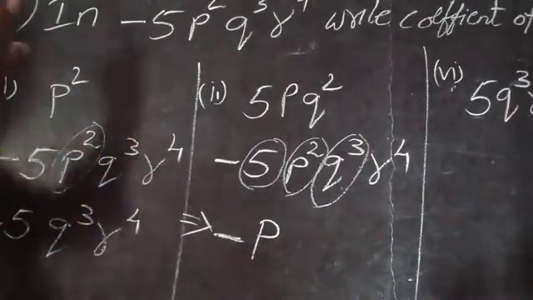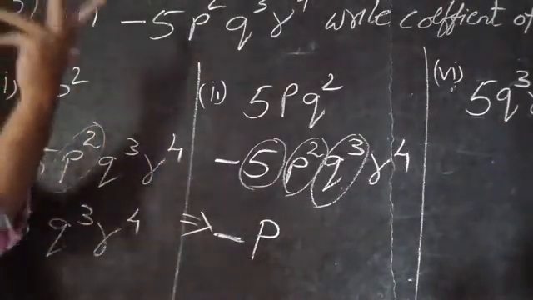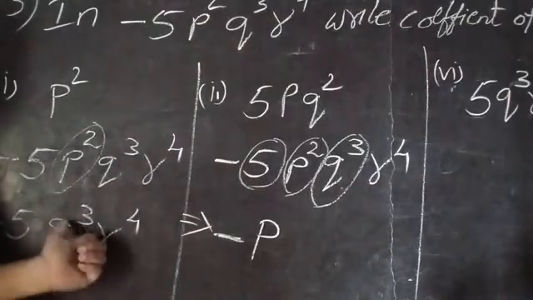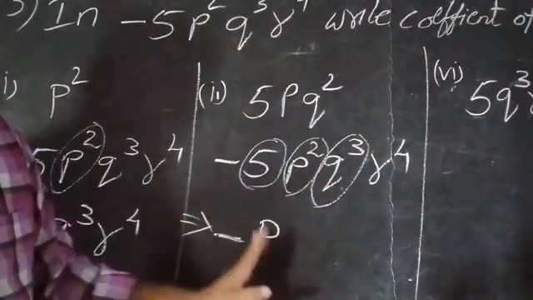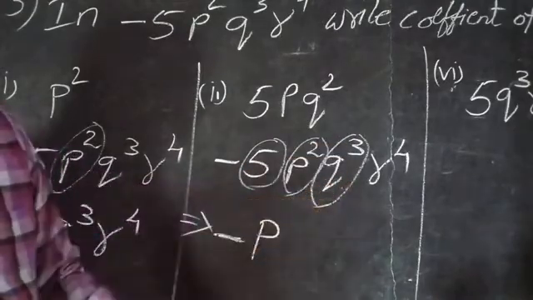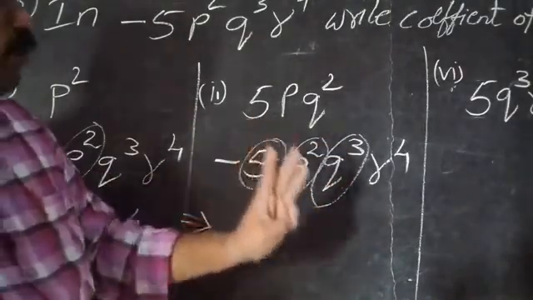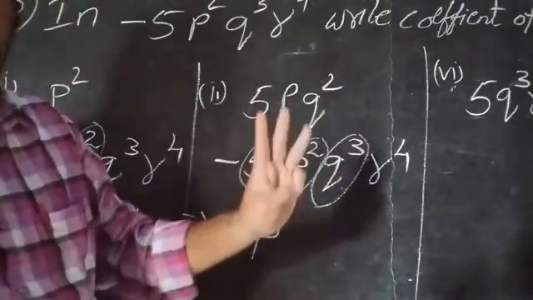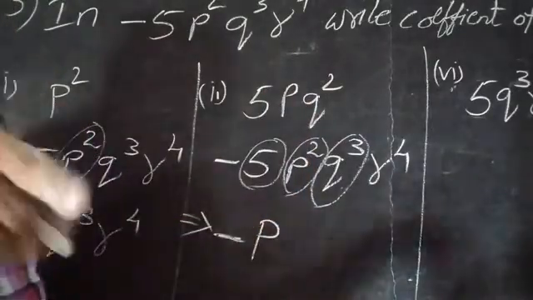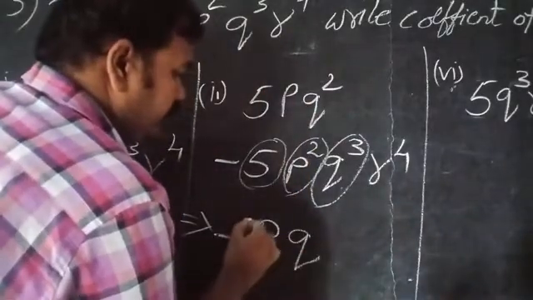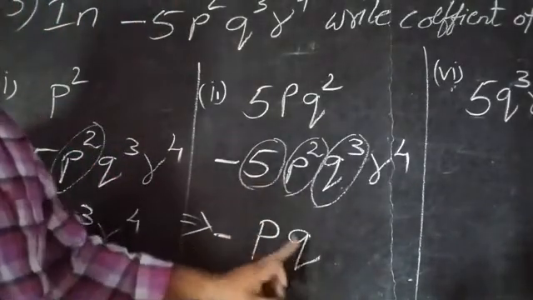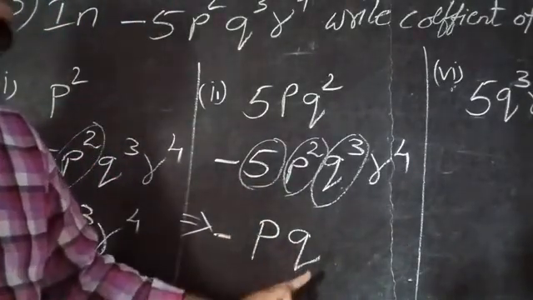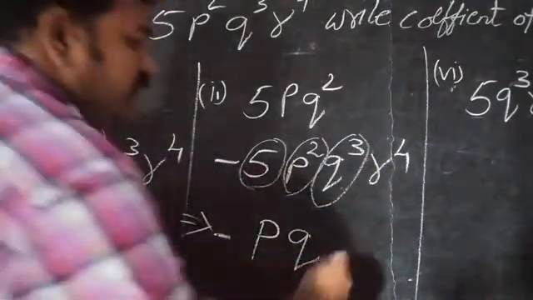Those 2 p's are gone, so from the 2 p's onwards, 1 p is left. Here, total how many q's are there? 3 q's. Out of 3, we have to take 2. Remaining is q. And r power 4 is same as before.